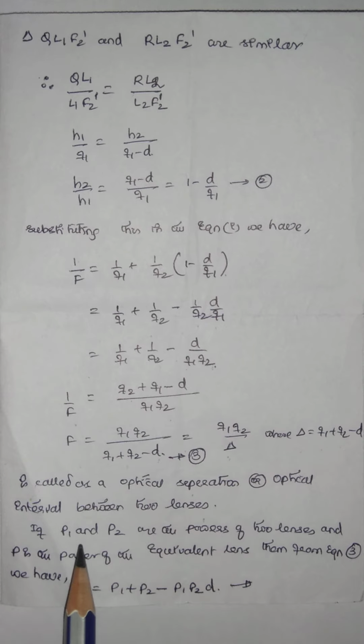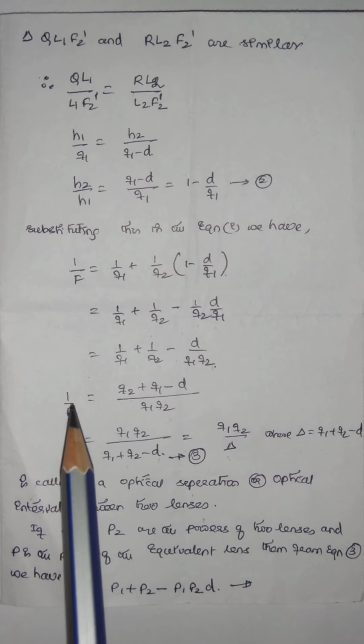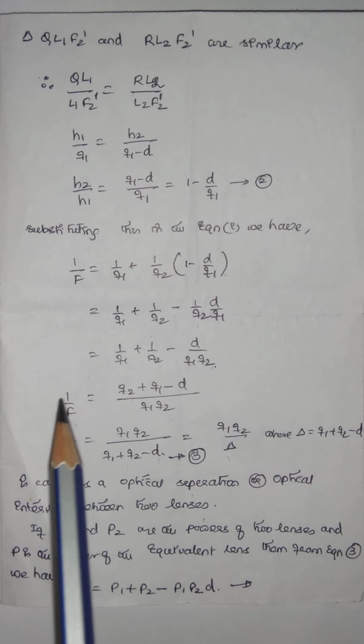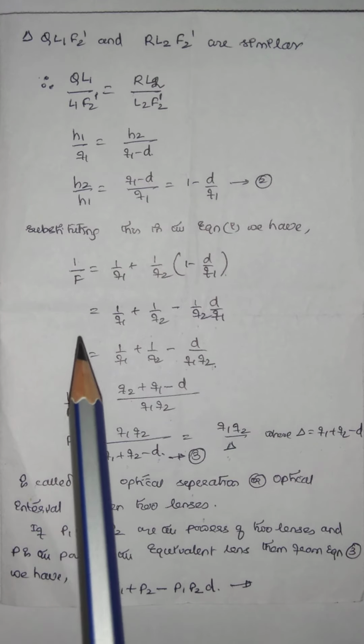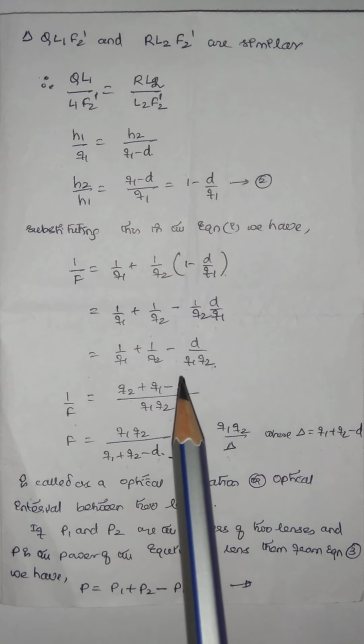Now here, if P1 and P2 are the powers of two lenses and P is the power of the equivalent lens, then the equation can be written as follows. Here P refers to the power, that is called focal power. Focal power is the reciprocal of focal length, and is replaced by P. Now in this expression, 1 by F is equal to 1 by F1 plus 1 by F2 minus D by F1 F2.